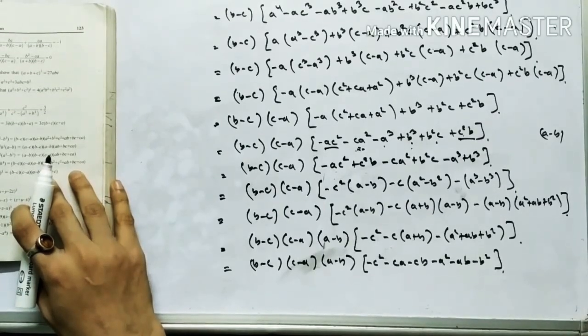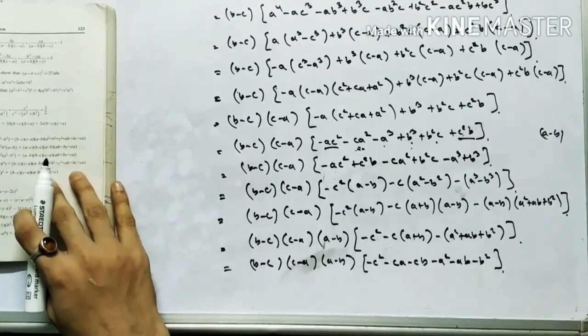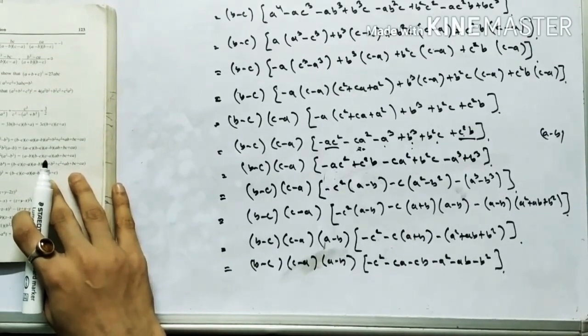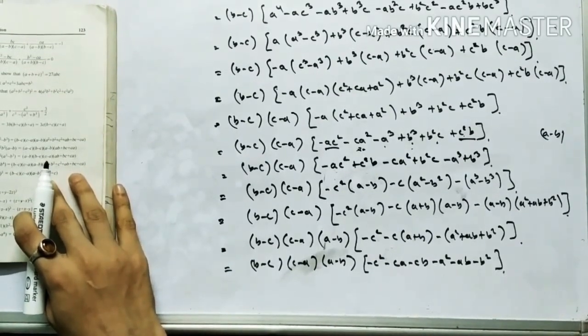So b square c minus b square c minus c square a plus b square c minus c a square plus b cube minus c cube.